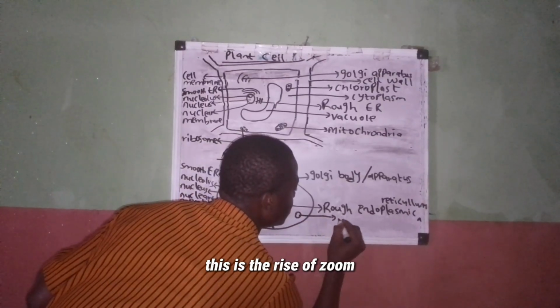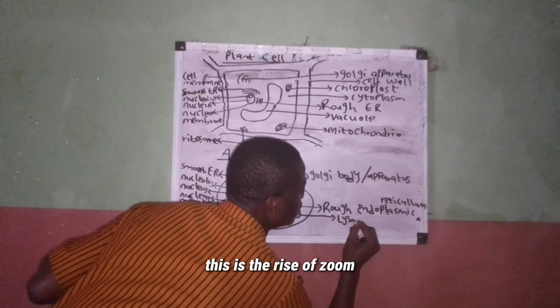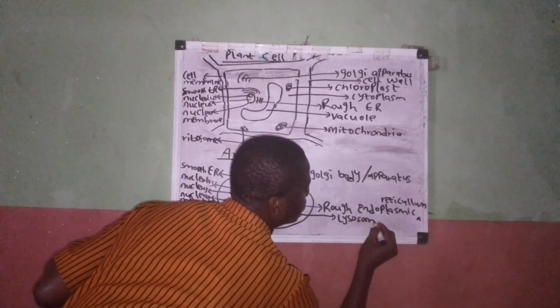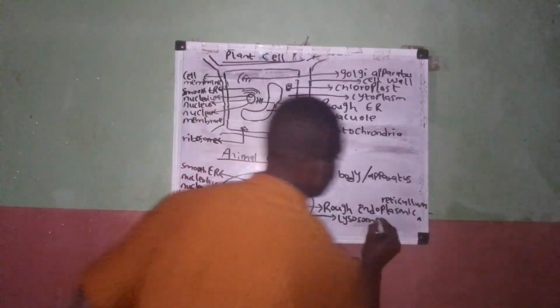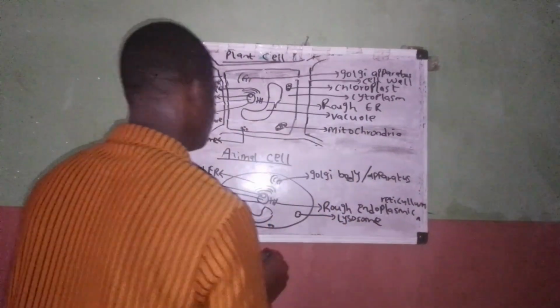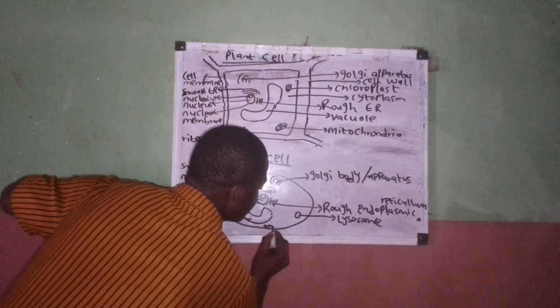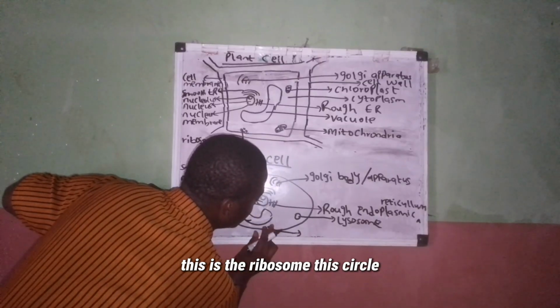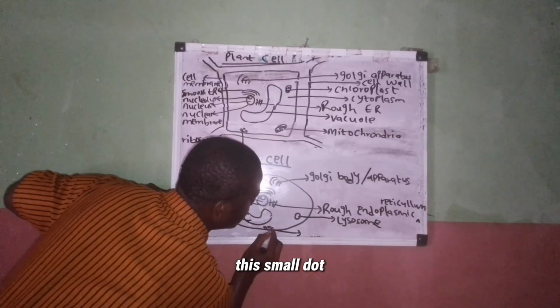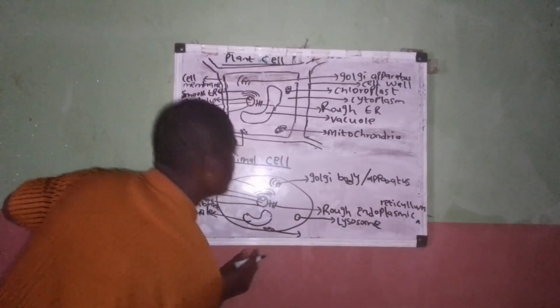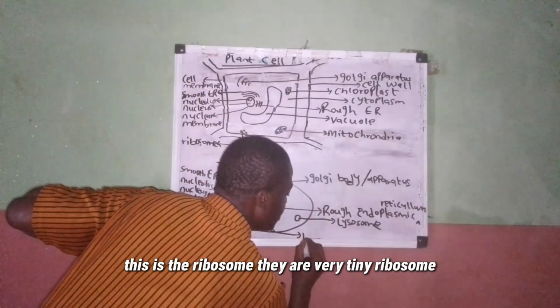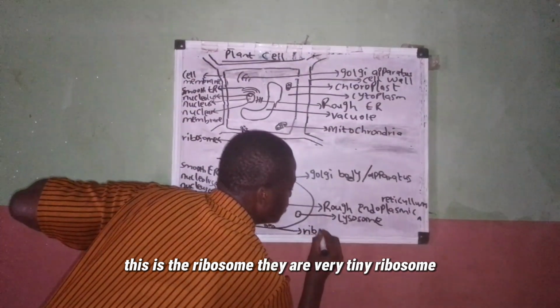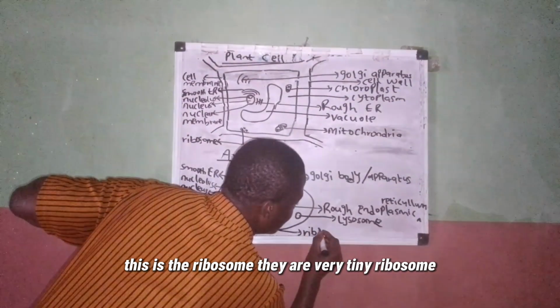This is the ribosome. These dots are the ribosomes. They are very tiny. Ribosome.